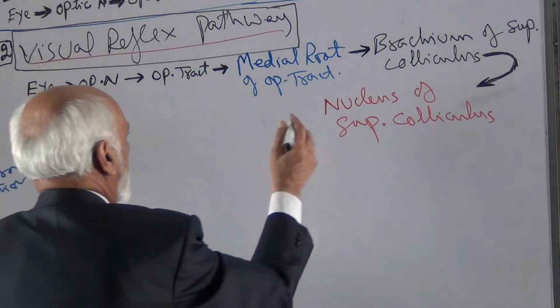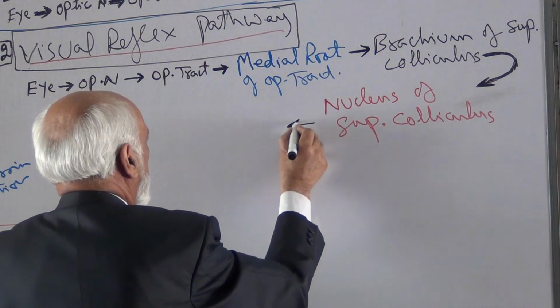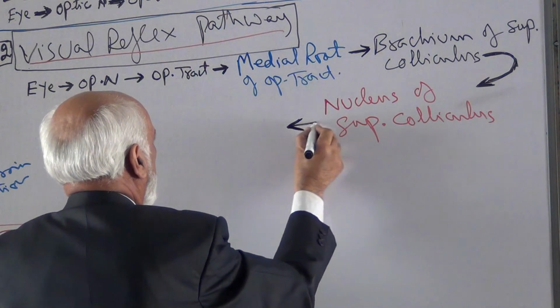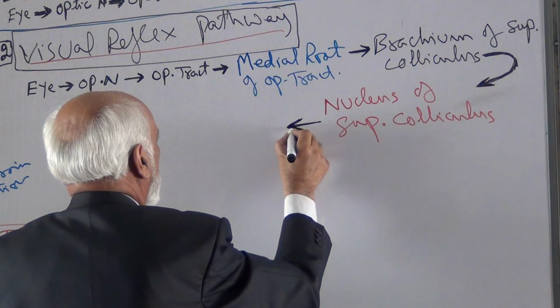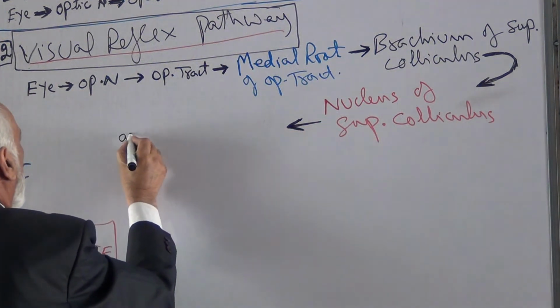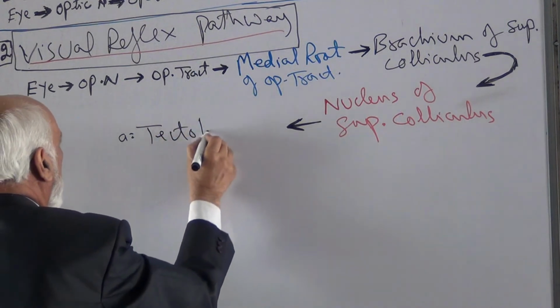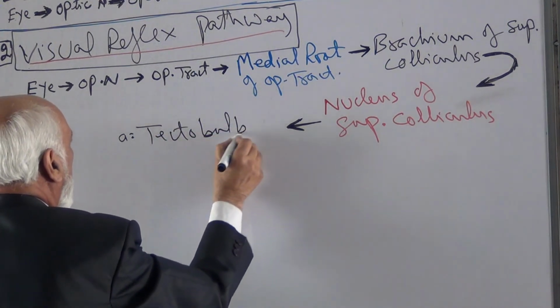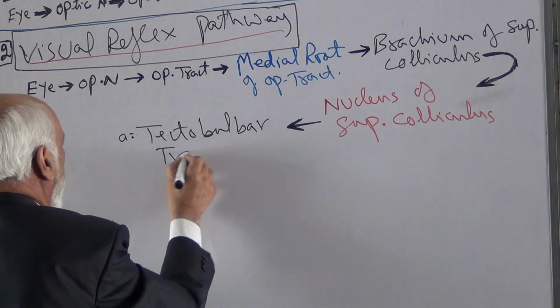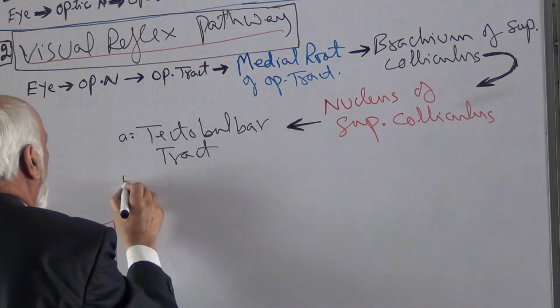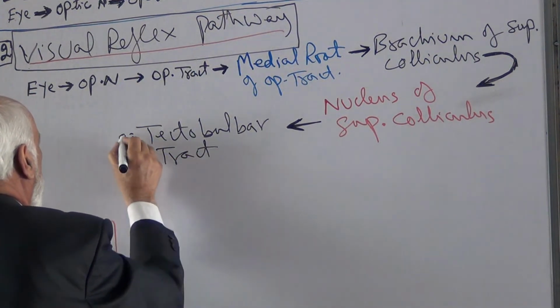Now from the nucleus of the superior colliculus, two tracts arise. That is the tectobulbar tract and tectospinal tract.